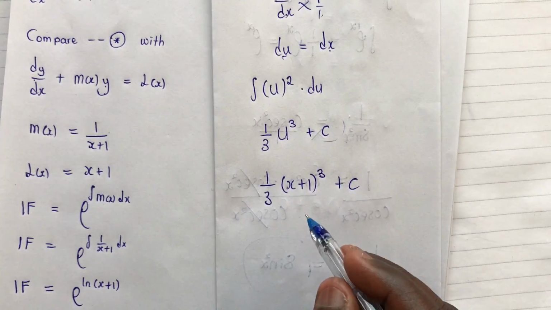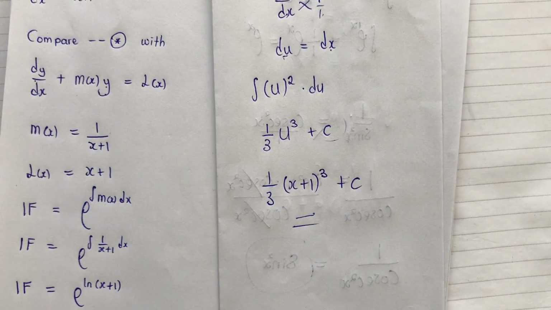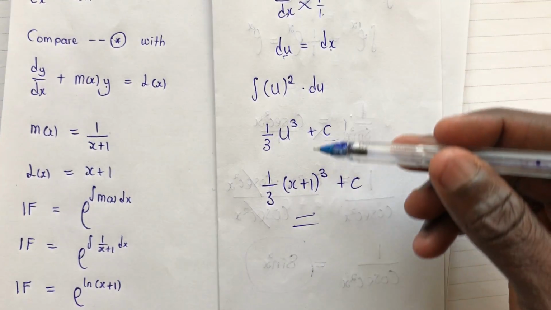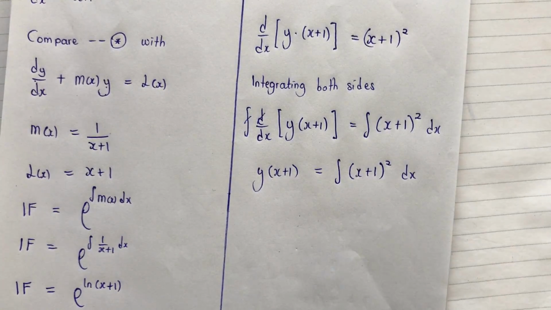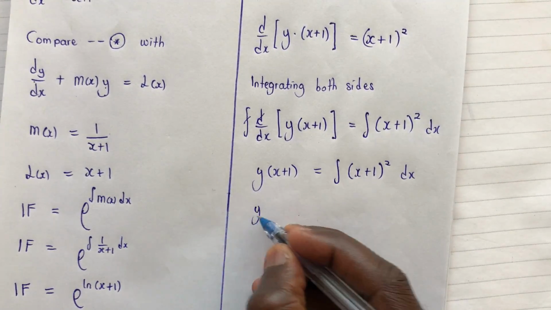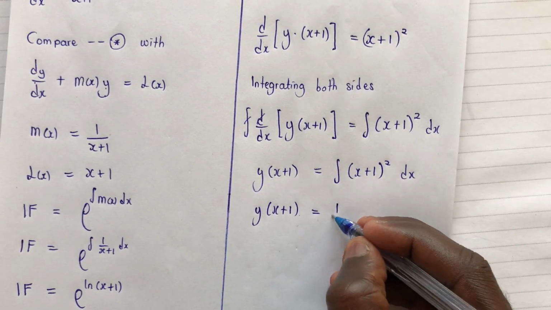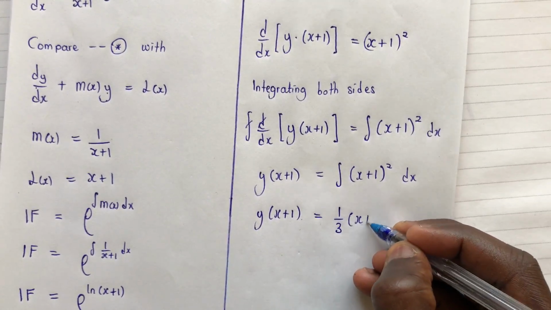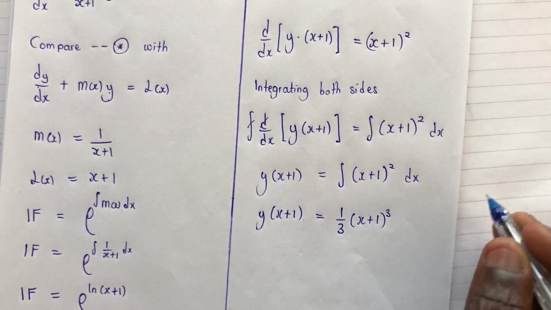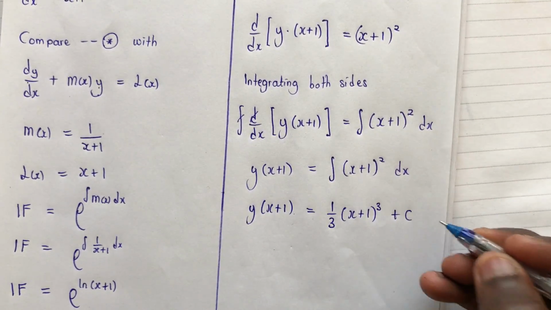So this is the integration of x plus 1. When you get here, you don't need to go through all the steps. All you need to do is to integrate this straightforward. So we have y times x plus 1 equal to 1 over 3 x plus 1 all to power 3 plus c.